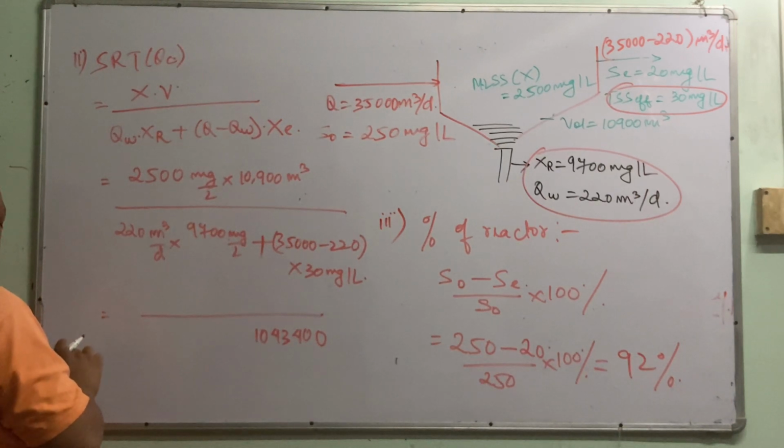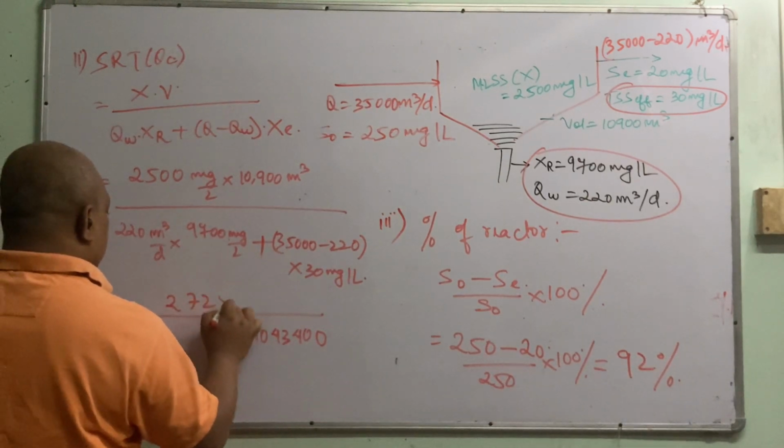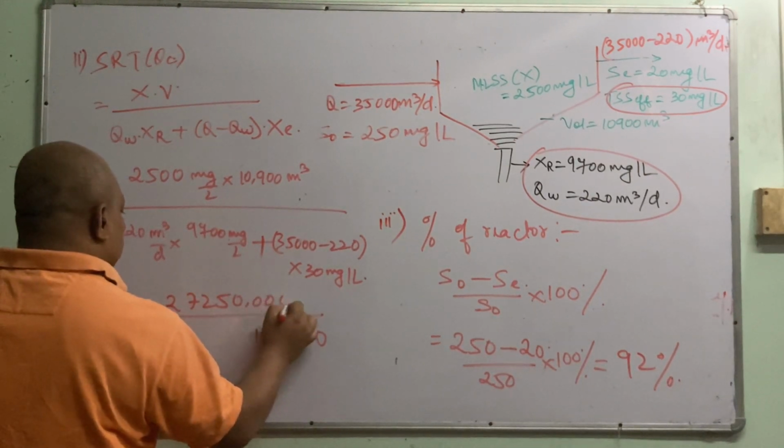The upper part is 2500 into 10,900. This is 27,250,000.